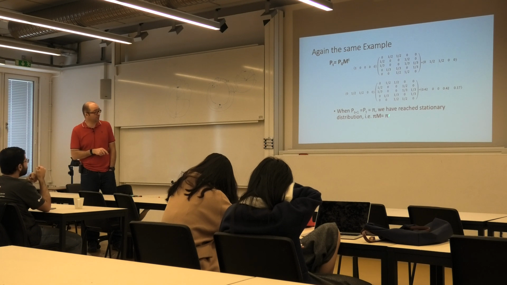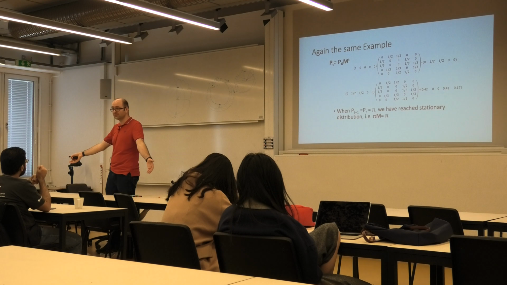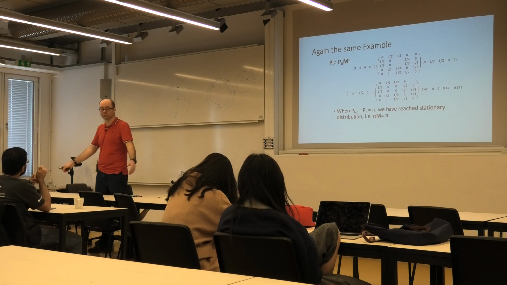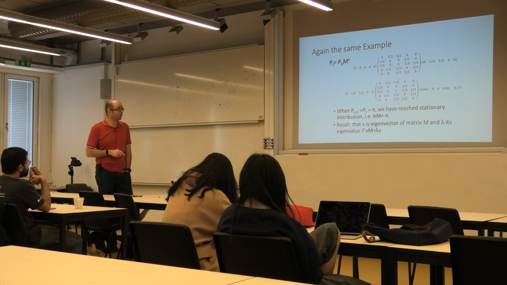And since this is a probabilistic vector, it will always be of the same length, so we don't even need to normalize anything. So in some sense, what we just did is find a dominant eigenvector of the transition matrix M, where lambda is equal to 1.